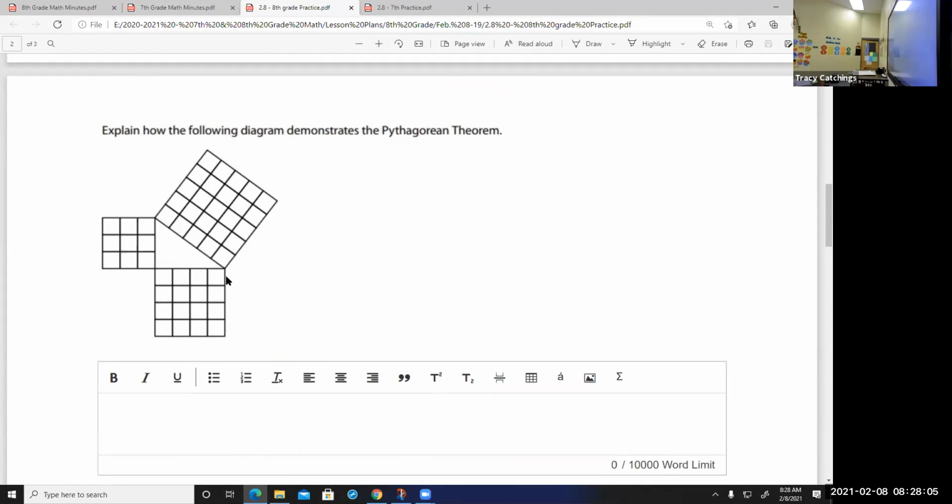All right, somebody read question 2 to us. Explain how the following diagram demonstrates the Pythagorean theorem. Now, what do we state about that Pythagorean theorem? What does it tell us?